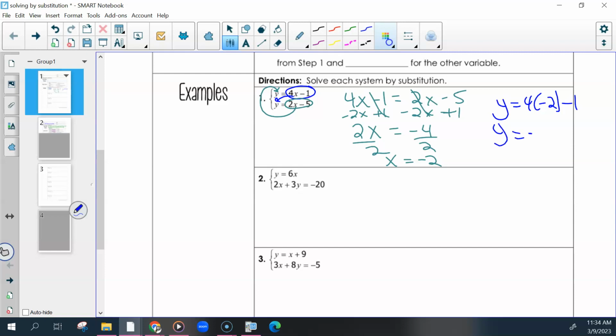So we get negative 8 minus 1. So our y value would be negative 9. And then the last thing we need to do is write these two things as an ordered pair, because we just found a solution. So our answer would then be negative 2, negative 9.